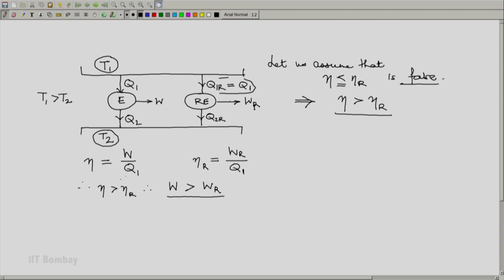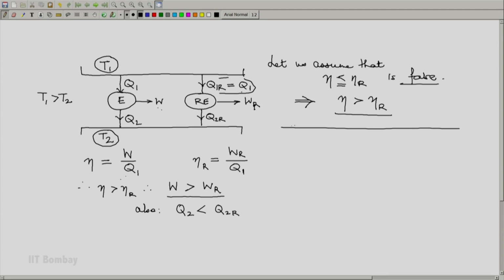And consequently, since the same amount of heat is absorbed, a larger amount of work is produced by this standard engine, so Q2 must be less than Q2R. Also, we must have Q2 less than Q2R.